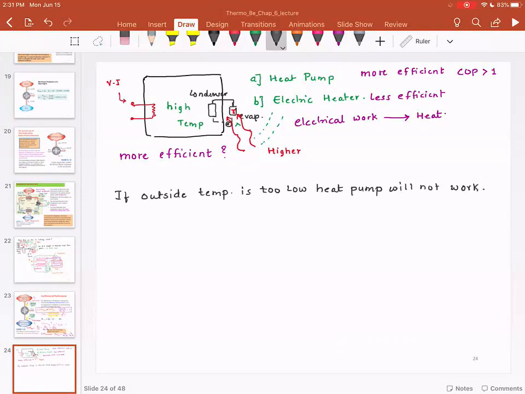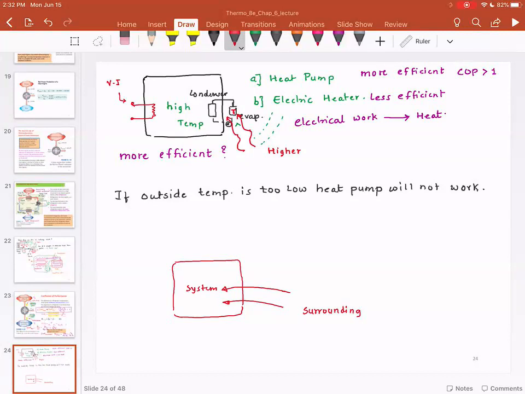Because thermodynamically, this is what is happening. You have this space that needs to be heated. Thermodynamically, how is this going to happen? You will have surrounding. From the surrounding, you will take heat and inject that into the system. So you have surrounding, and this is system. And what you're going to do is take the heat from the surrounding and inject it into the system.